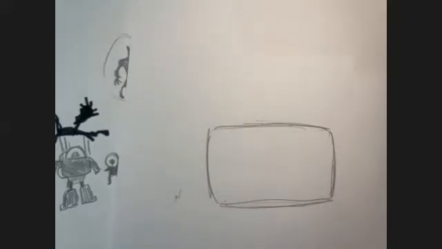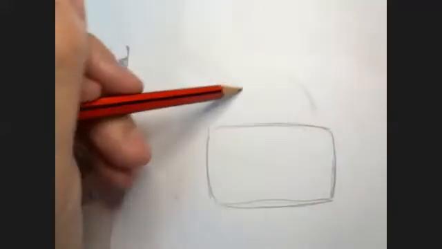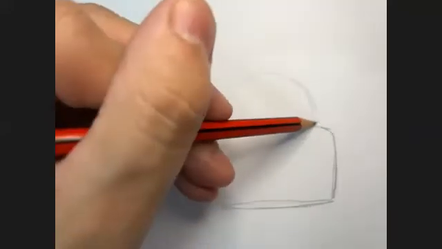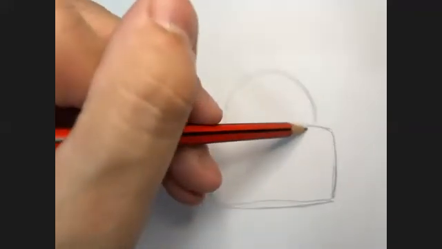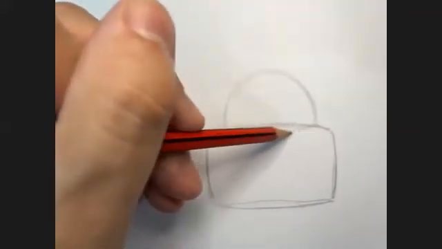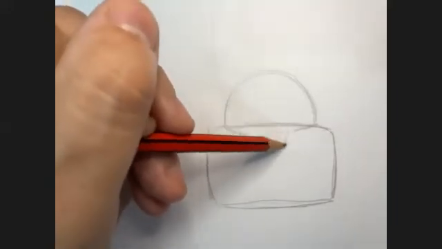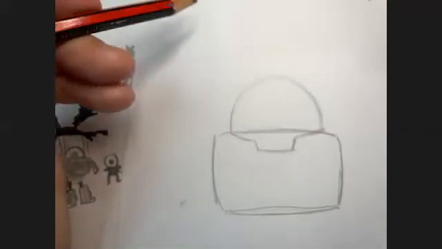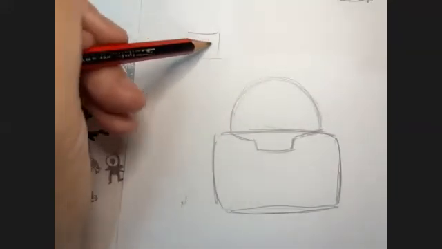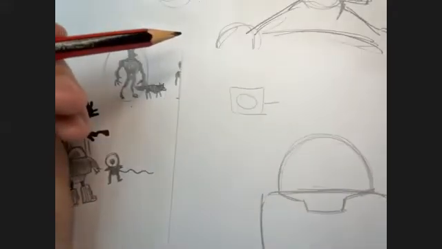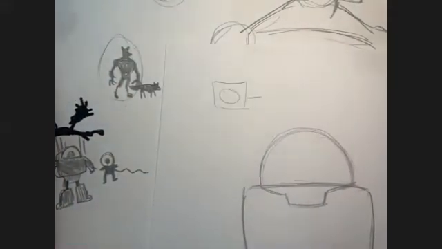Tobias, I got your message there, but I was in the middle of talking about glasses. For glasses, you're best off drawing the face so you know where the eyes are before you then draw the glasses on. And usually the frame of the glasses fits over the eye. You can see that there.